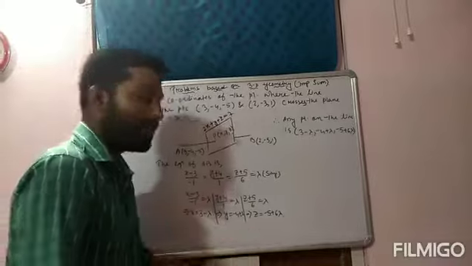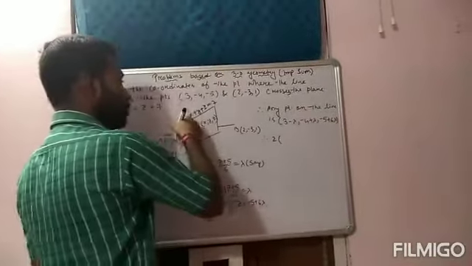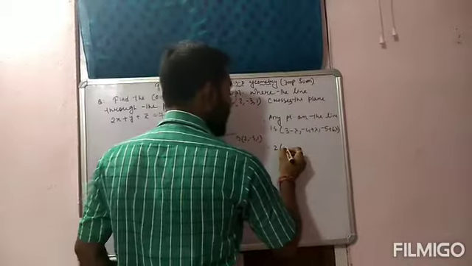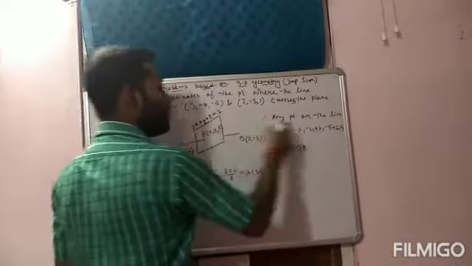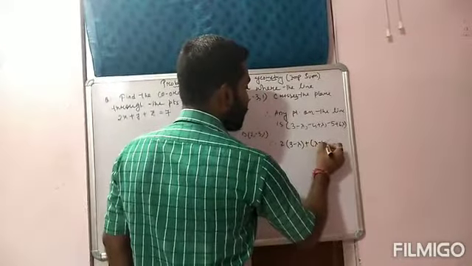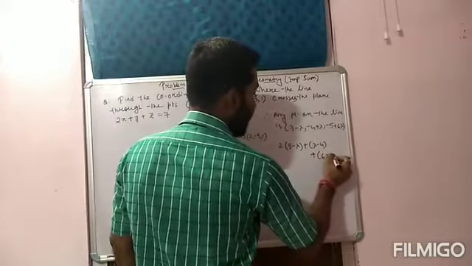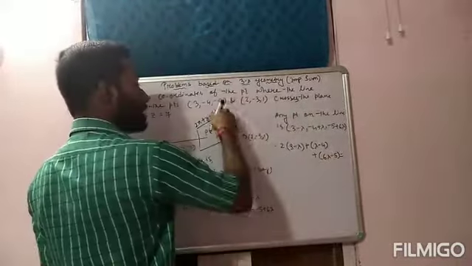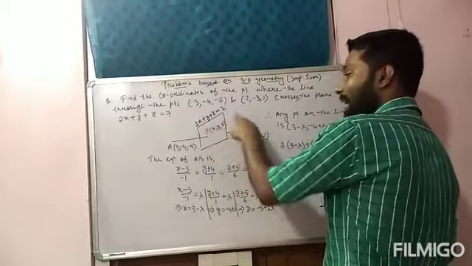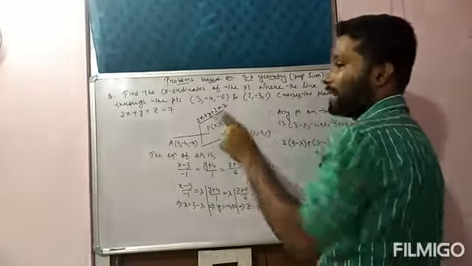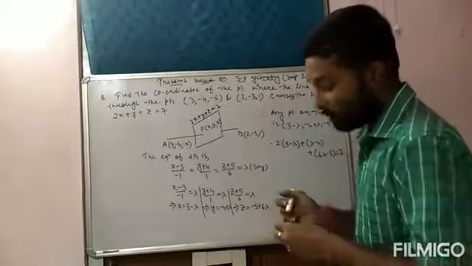So we can write 2 times (3 - lambda) + (lambda - 4) + (6 lambda - 5) = 7. Since the point P lies on the plane whose equation is given, the coordinates of P will satisfy the equation of the plane.